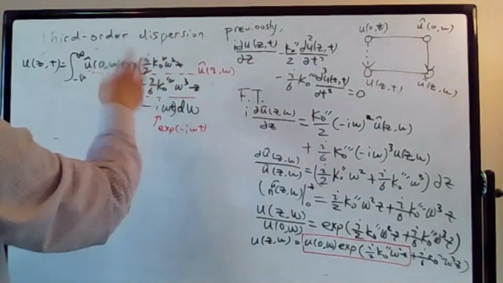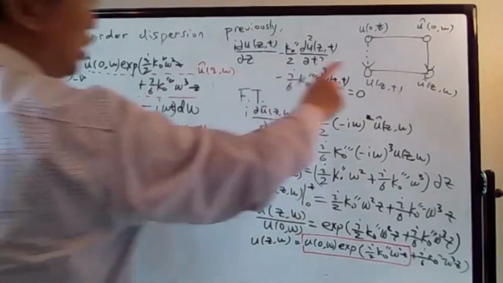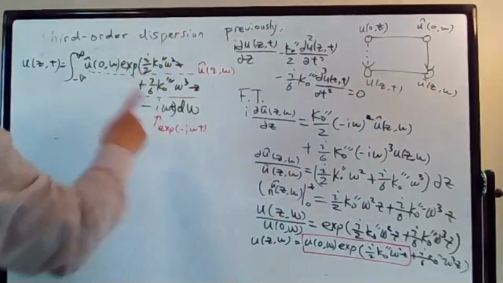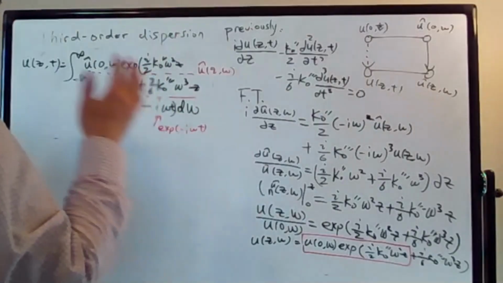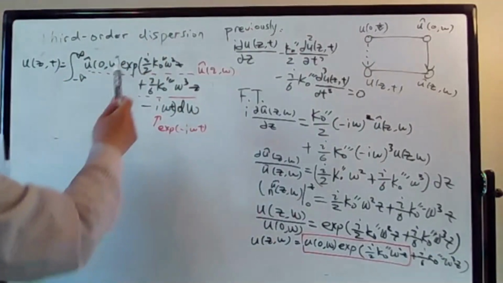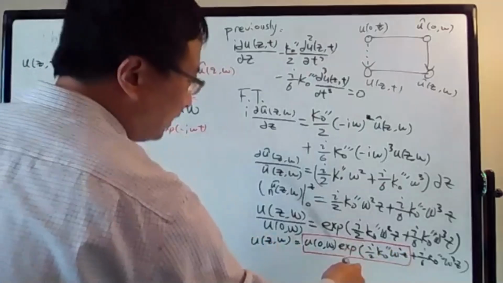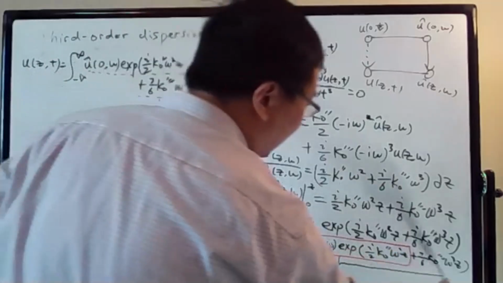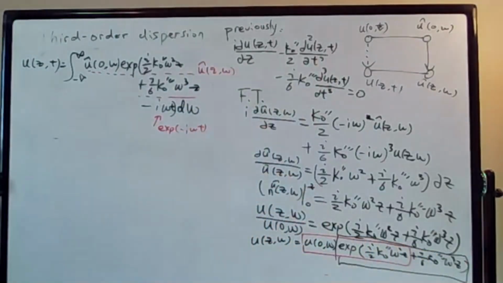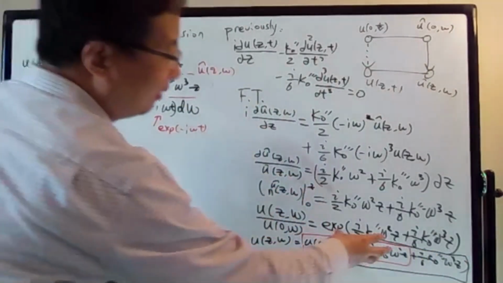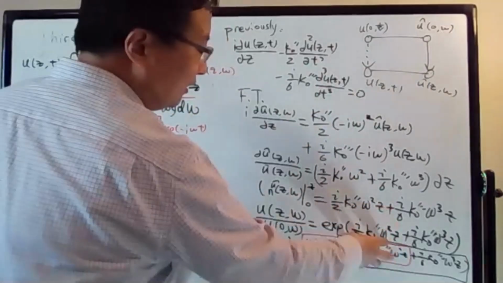Doing this is rather more complicated with the analytical method. So next, your job in the next homework, next lab session, instead of writing the factor as this piece, now your factor is this, right? Previously your dispersion factor was this piece.